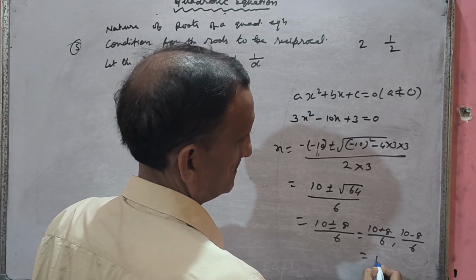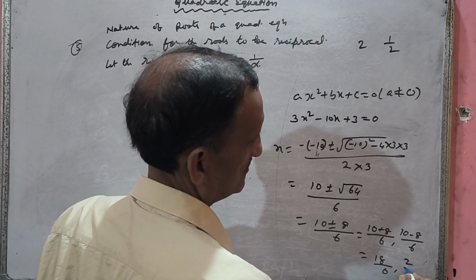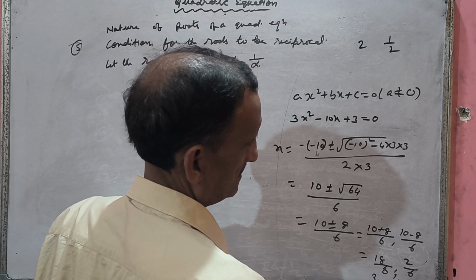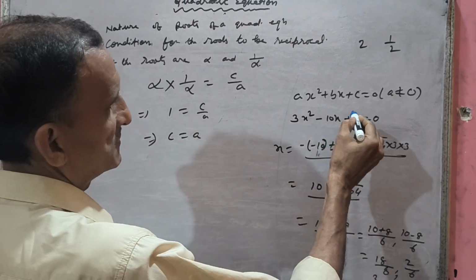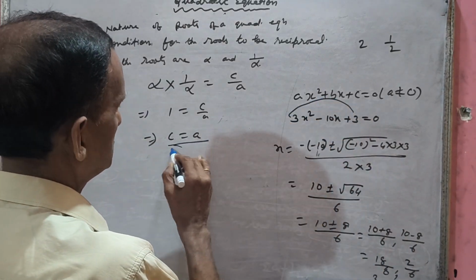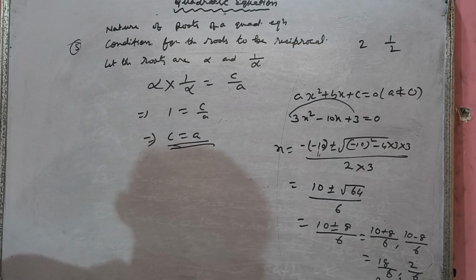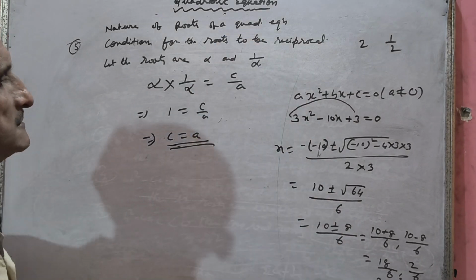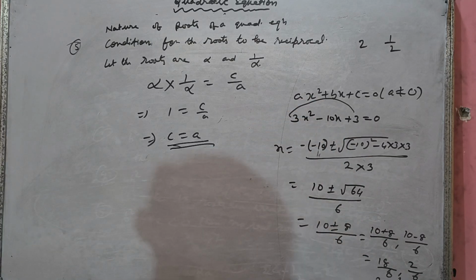So 18 by 6, and here 2 by 6. So 3 and 1 by 3. We have got 3 and 1 by 3, the roots are reciprocal. Why? Because c equals a. So this is the first condition. Understood? The condition for the roots to be reciprocal is c equal to a. One example.